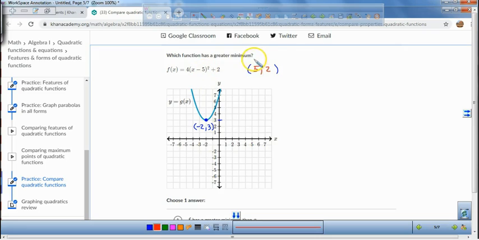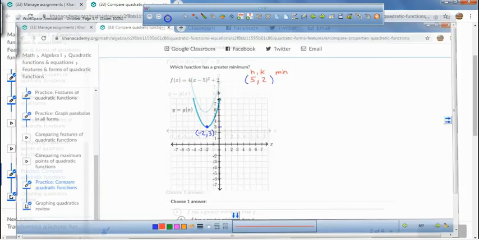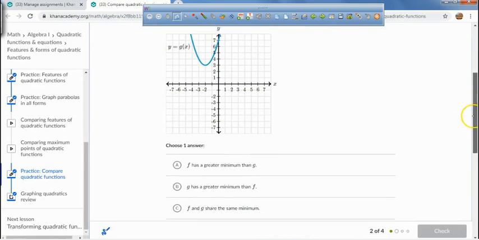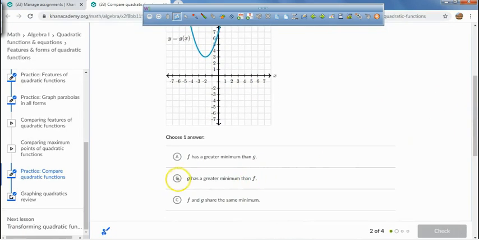So which has the greater? Well, g of x is greater than f of x. They're both minimums, the lowest points in their graphs. But clearly g of x has a greater minimum than f of x. So we're going to say g has a greater minimum than f.